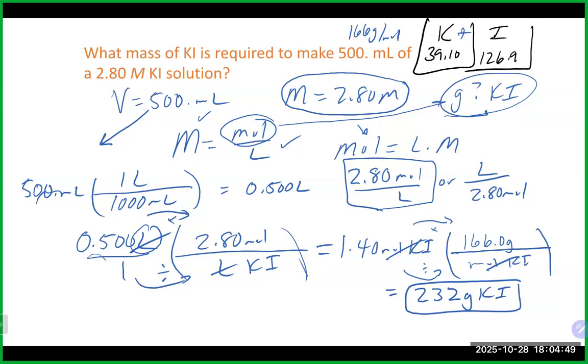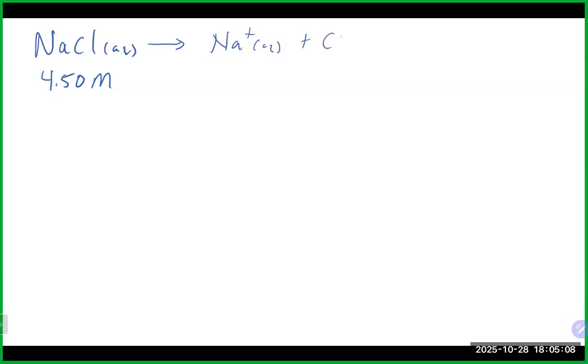So, for example, let's say we had our sodium chloride solution, and let's say it had a molarity of 4.5 molar. In solution, because it's a strong electrolyte, it is not going to stay together. It's going to completely break apart into sodium ions and chloride ions. So again, 100%, you're just going to have ions floating around in that solution.